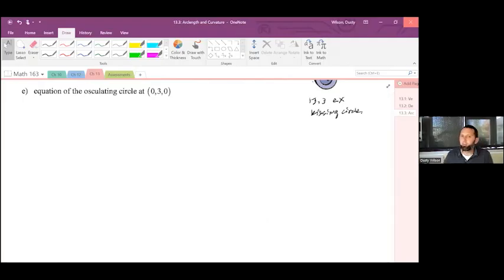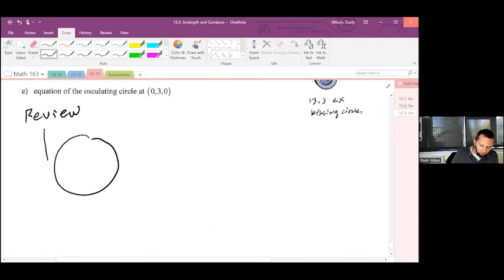In this last part, we want to find the equation of the osculating circle, again at (0, 3, 0). And here we're going to have to be a little bit clever. Let's do a little bit of review to start with. Imagine that you have a circle that's not centered at the origin in the xy-plane. It's centered at (a, b) and has radius r.